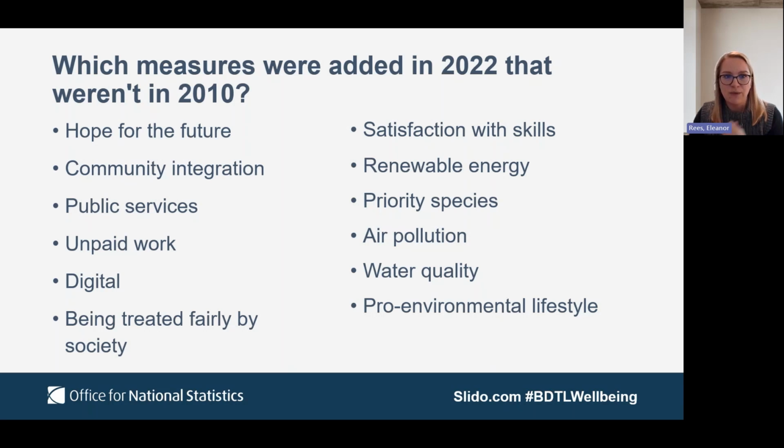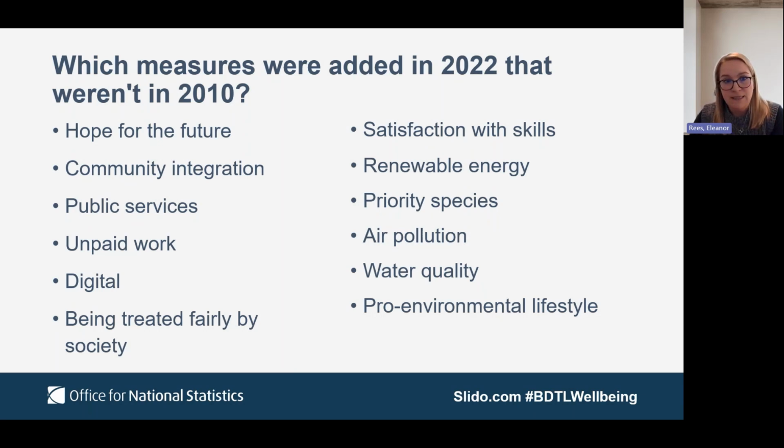So some of the measures that we included are hope for the future, community integration, satisfaction with public services, and this includes things such as our healthcare system, our education system, and the police. Hours of unpaid work. With digital, we included a measure on access to the internet, which incorporates both affordability as well as physical ability to have the internet in your area.